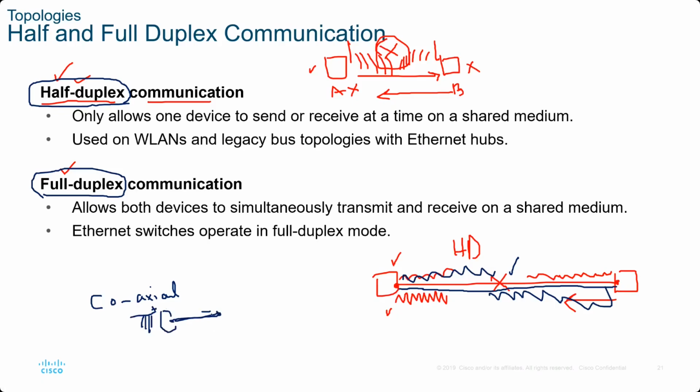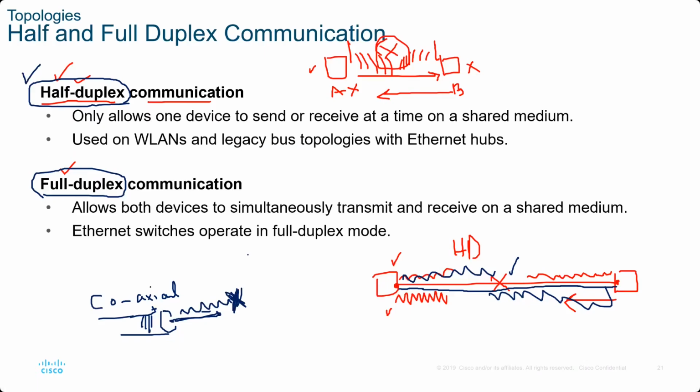But that just means that there is a single link. If you connect all computers using coaxial cable, there's a single link through which you can transmit a signal, a voltage level. So everyone else must listen. Only one computer can send a message. If other computers send a message at the same time, you would have collisions and no communication could happen. That's why it had half duplex communication.